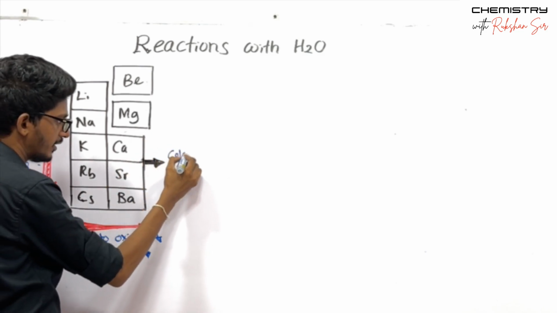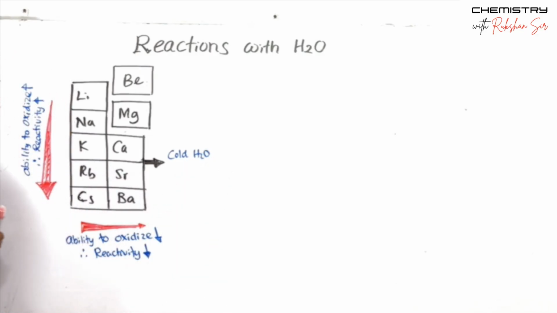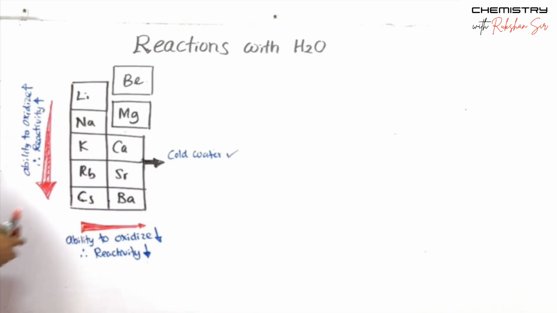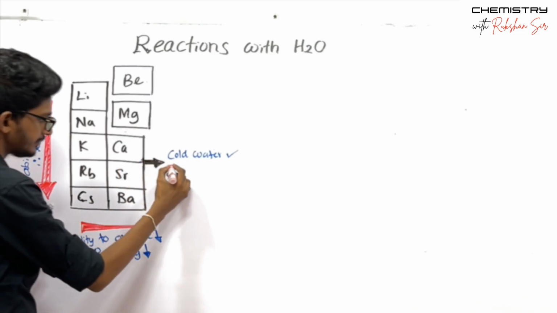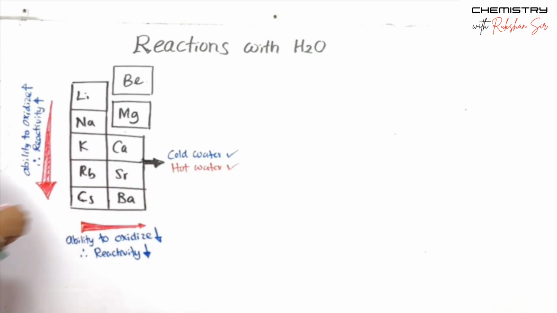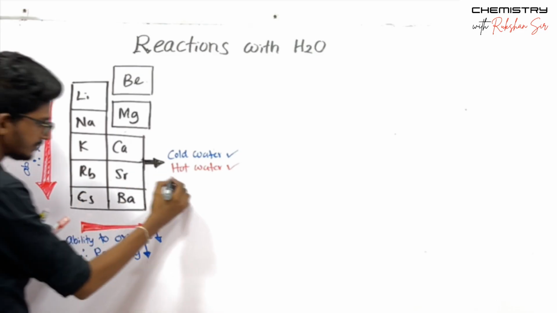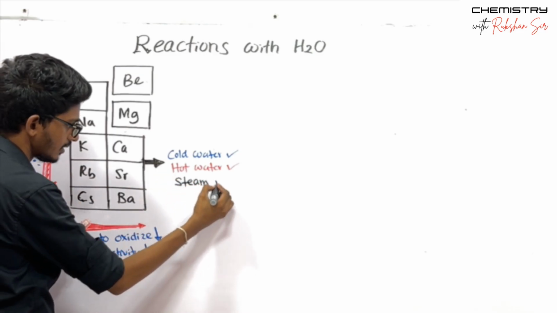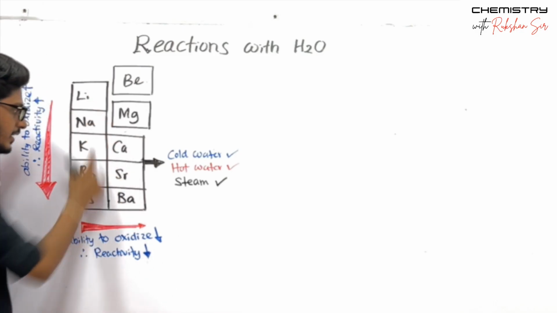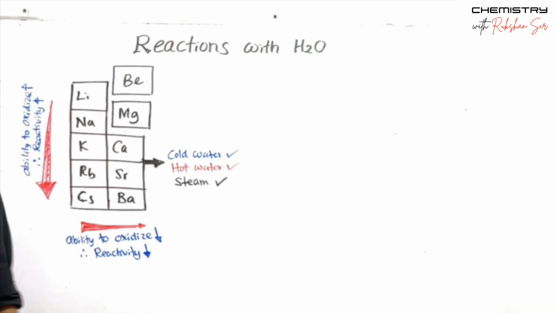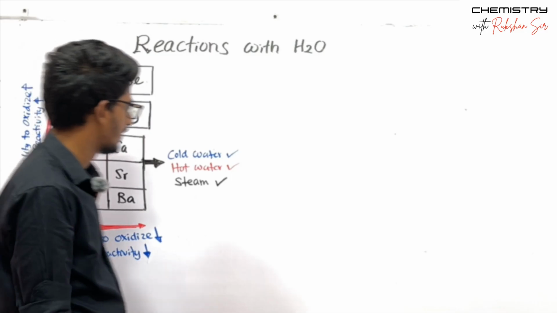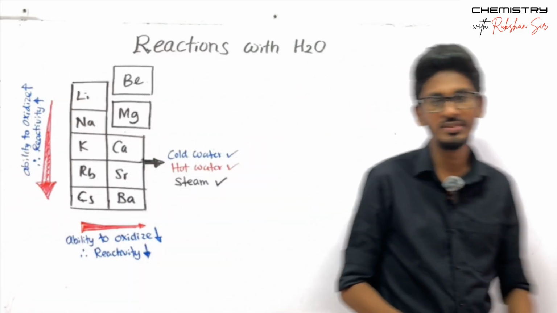It will react with cold H2O, or one can say cold water, and with hot water, and react with steam as well. Considering all forms of H2O, the highly reactive elements will react. Let's discuss what this cold water means, what this hot water means, and what this steam means.